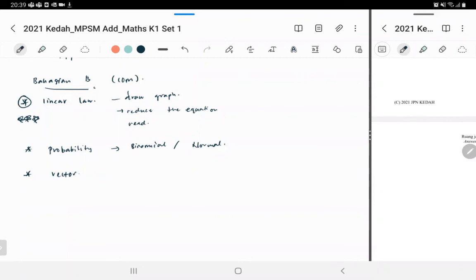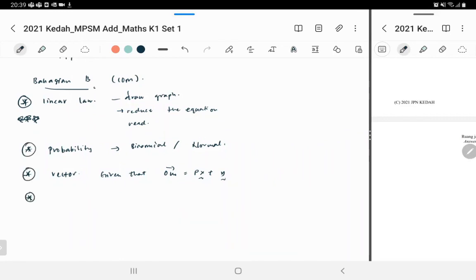In Bahagian B, normally it will give you something like, given that OM equals to pX plus something plus Y, for example, and then from there you form two equations. And then in Bahagian C you will need to compare it. For the vector long questions, find the previous SPM papers, there is a certain pattern for the vector questions also. You can go back and revise that.